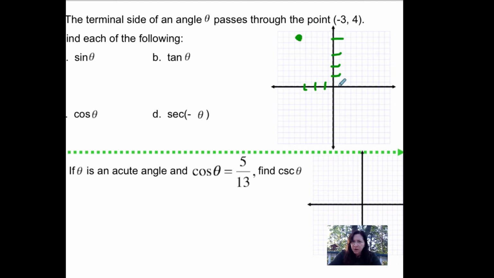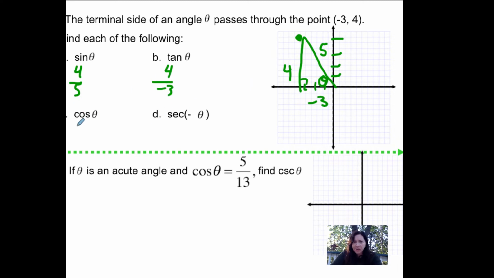This question says the terminal side of the angle passes through the point -3, 4. Okay, so here we are. And this is -3 here, 4 here. That makes this a 5 because it's one of our triplets. Find each of the following. So this is theta here. So sine of theta is going to be opposite over hypotenuse. So that's going to be 4 over 5. Tangent is opposite over adjacent, so 4 over -3.